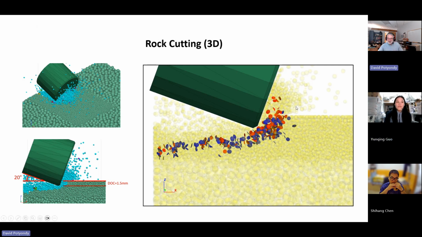This is another way of visualizing the system. These are the particles. They're being drawn transparently. And every time a bond breaks, we draw a little disc-shaped thing, which we're going to call a microcrack. And so these are the broken bonds that we have.